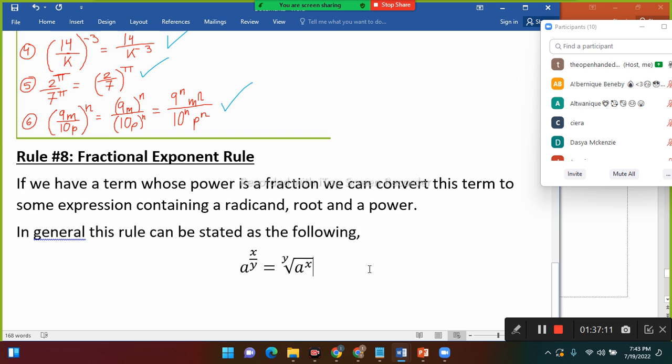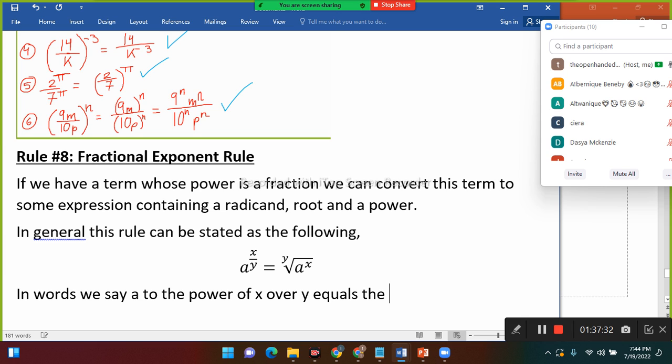So if we were saying it in words, we say a to the power of x over y equals the y root of a to the power of x.